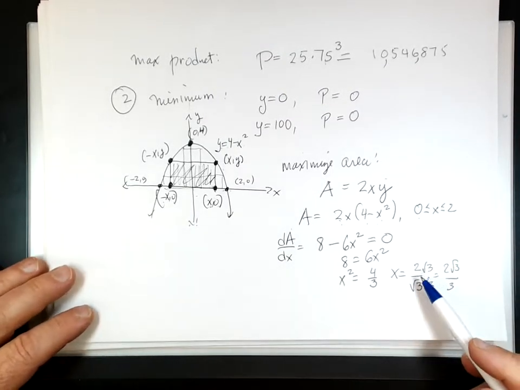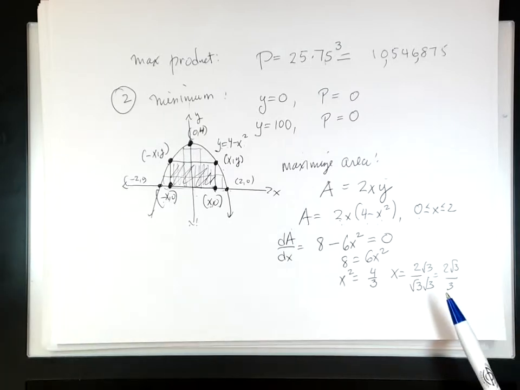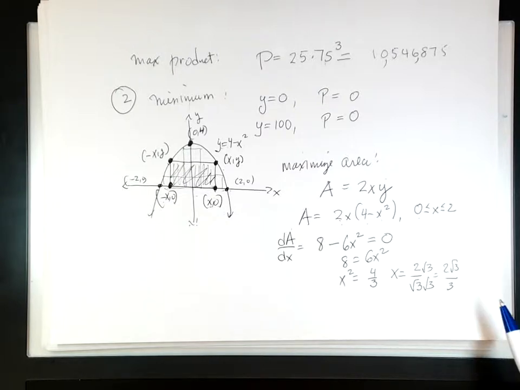I kind of like 2 over the square root of 3 better even, but either way. Yes? I just had a question. On the test, are we going to have one with the graph like that and then one like the other one we just did? No. I can't tell you specifically what you're going to have. You're going to have 2 problems on the test. It's easier with the graph. I don't think I give you any graphs, though.